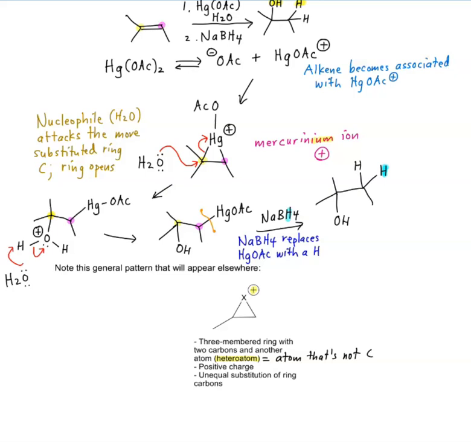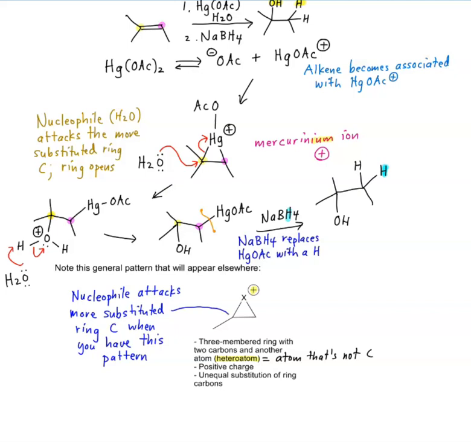So anytime you have this exact pattern, the nucleophile will always attack at the more substituted ring carbon. In this example, that's going to be that carbon right there.